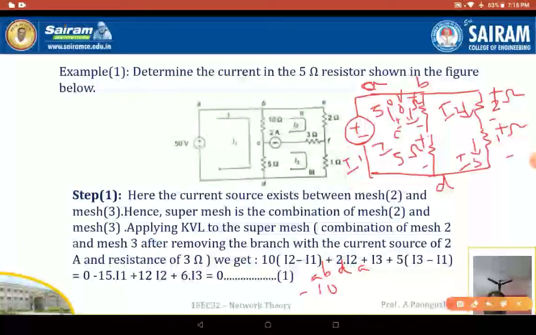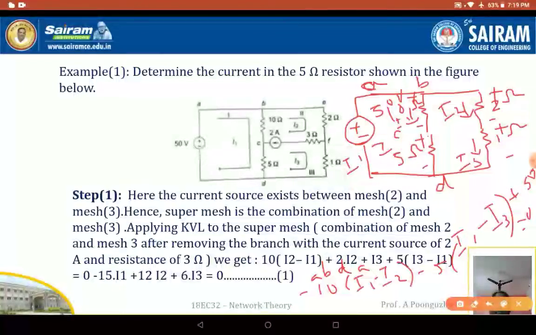10 into the current, the first current in this loop is nothing but I1 minus I2. Again coming here, it is going to be minus 5 into I1 minus I3. Minus to plus is going to be plus 50 volts, equivalent to 0.